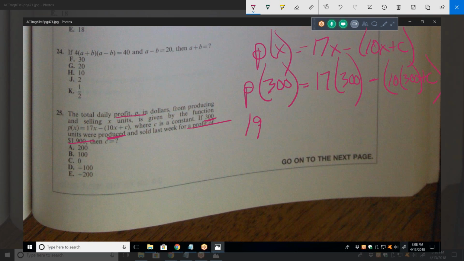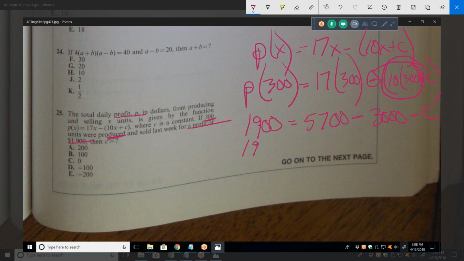So it's 1900 equals, well, what is that? That is 5700 minus, that is 3000. And this negative sign has to apply to that plus c also, which makes it minus c.